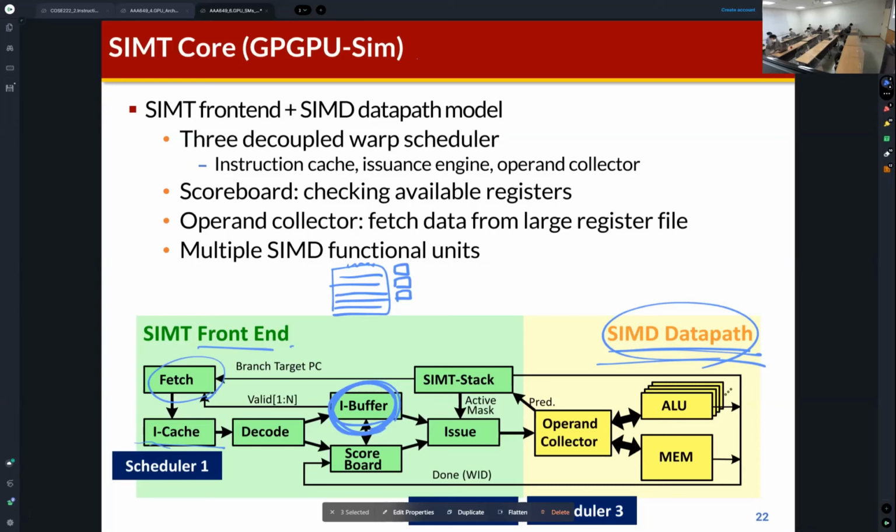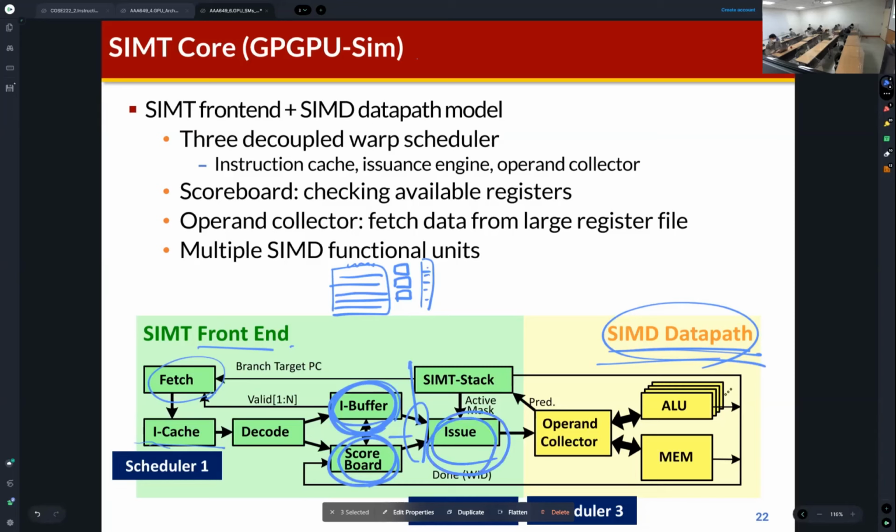Also, I mentioned that using the scoreboard, the warp scheduler checks the availability, the readiness of the warp. So there is a ready bit, and from the ready warps, the warp scheduler selects the warp to be executed. So it's an issue engine.